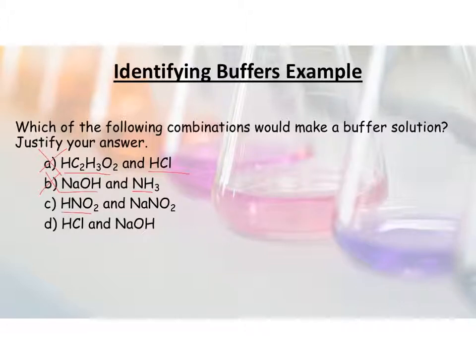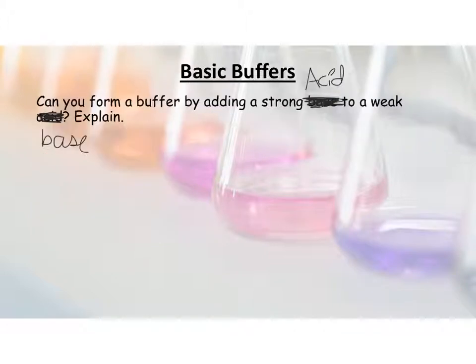All right, and then we've got weak acid and salt that has the conjugate base in it. There's your buffer. And then the bottom one is just strong acid, strong base. So there's your neutralization. So you definitely need your weak acid, and then that NO2 minus, that's your conjugate base of your weak acid. All right, so I had a little typo on this one, so I kind of corrected it.